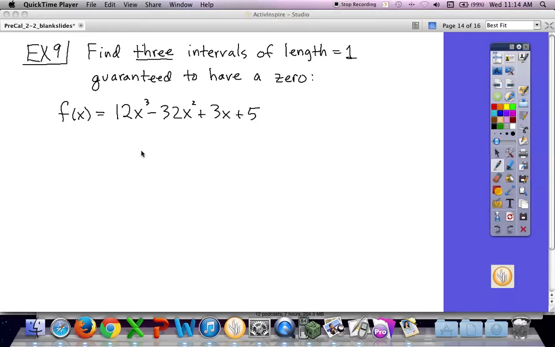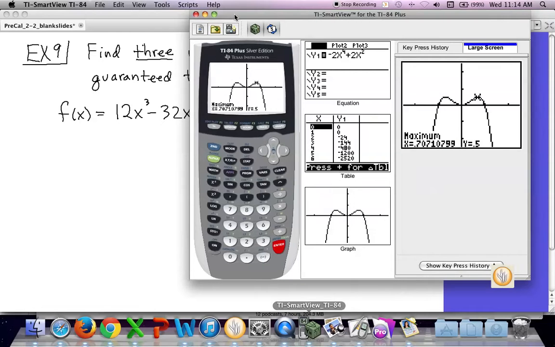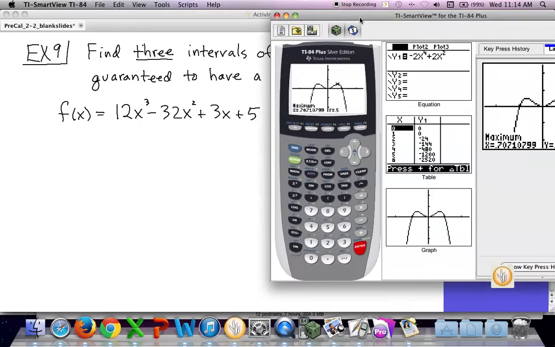This is a calculator process. So we're going to have to put this in the calculator to see what we see. Right?